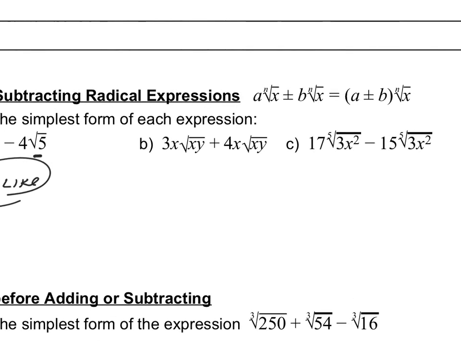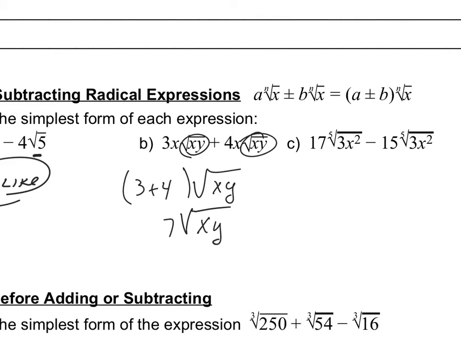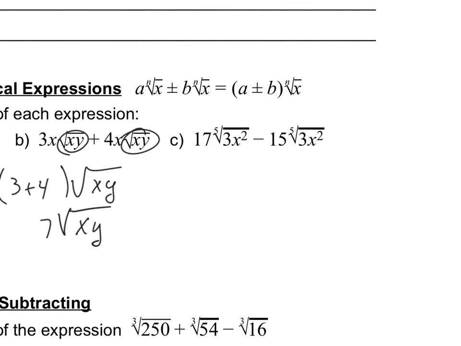Now this next one, we do have what appears to be the same radical. So we have the square root of xy, and we have 3 plus 4 square root of xy, or we have 7 square root of xy. Like radicals, so we can combine those outside numbers, or what I like to think of as the coefficients of these variables.